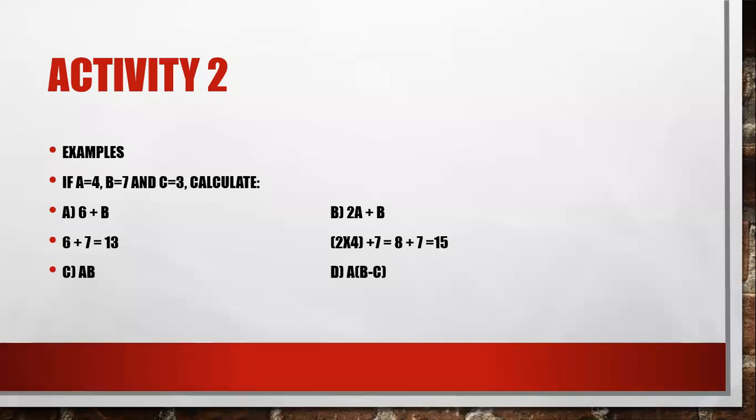Alvan's hand went first. Please let us know. Okay, part C. It was A B, and in between those variables there is a multiplication sign. So it was A times B, and then I had to substitute it.